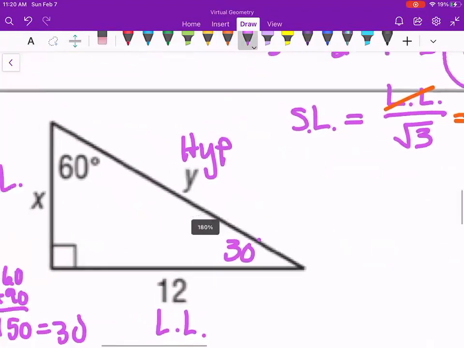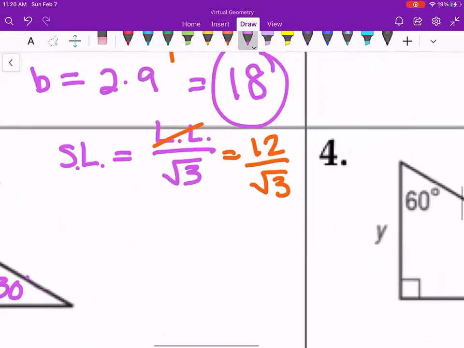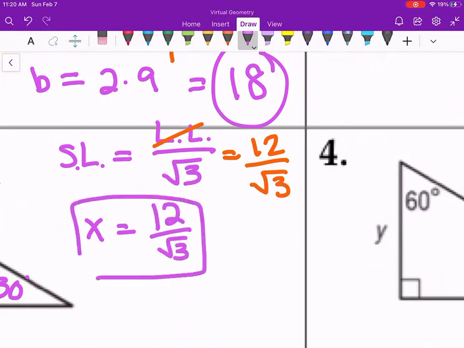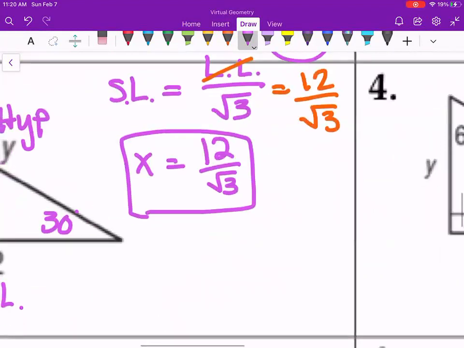What letter was our short leg? X. And there's nothing else we need to do here. We're going to leave it as 12 over square root 3. Sometimes in Algebra 2, they want you to rationalize the denominator, but for our purposes, we're just leaving it as 12 divided by square root 3. It's done. Now I need to find the hypotenuse, and same formula as before.